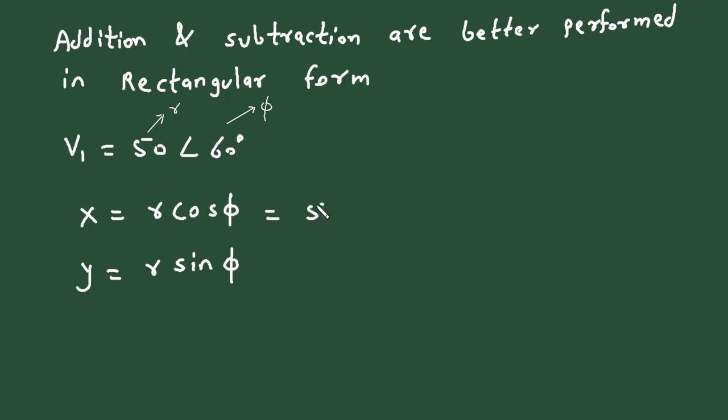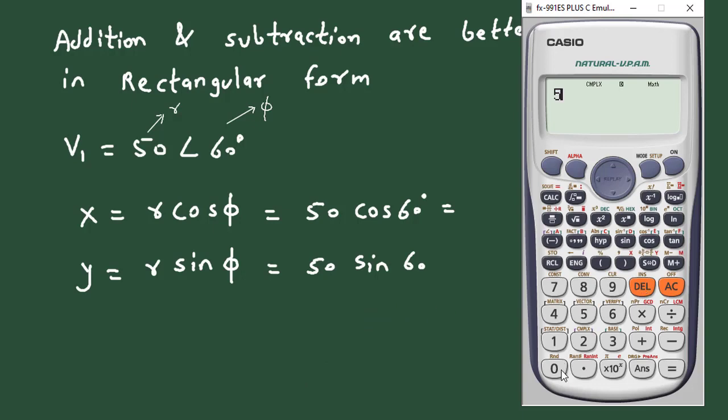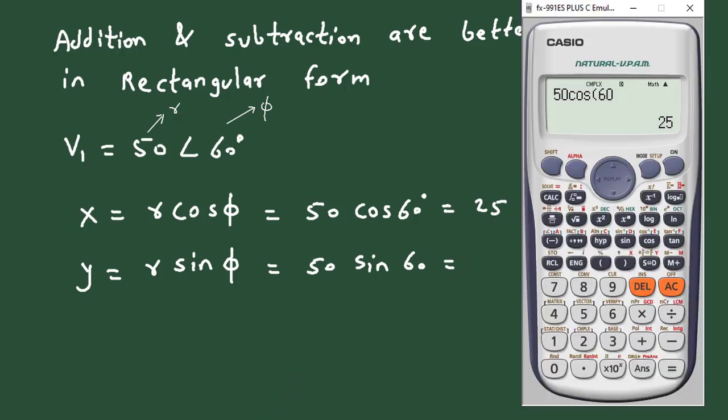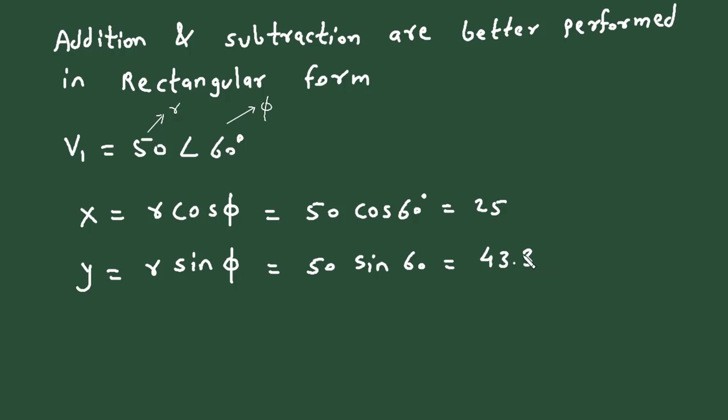So, r is equal to 50, cos phi is equal to 60 degree. For y, r is the same, that is 50, and sin of 60 degree. So, if we solve this, we get 50 cos 60 degree, it is 25, and here this is 50 sin 60 degree, so it is 43.3.